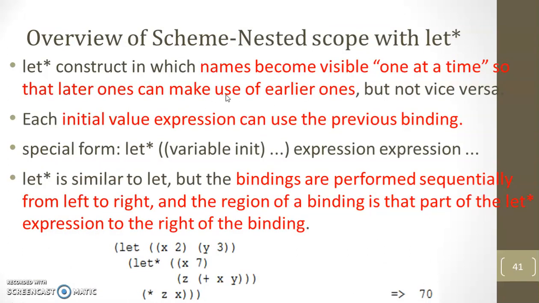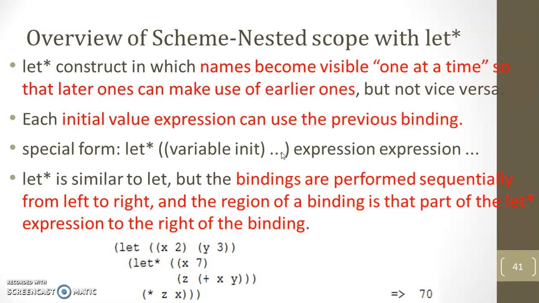Let star is a construct in which names become visible one at a time, so that later ones can make use of earlier ones, but not vice versa. Each initial value expression can use the previous binding.